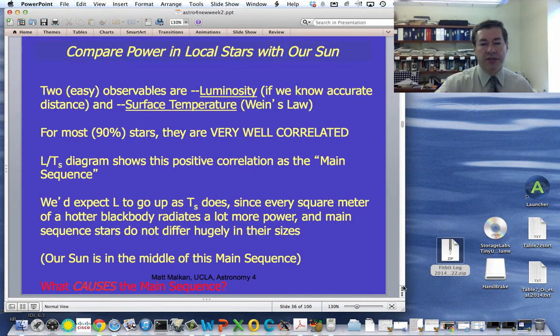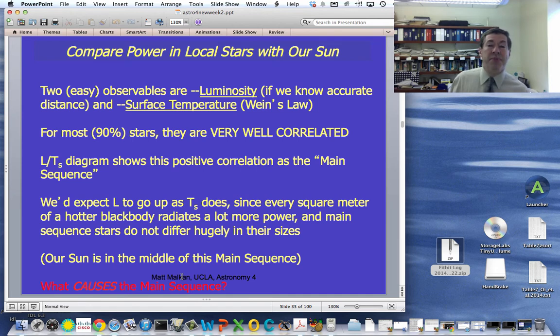So my previous slide says, what is the cause of the main sequence? Well, my simple answer is, I guess the cause of the main sequence mainly is that most of those stars are roughly about the same size. Actually, the stars that are hotter than the sun are even more luminous, more powerful than T to the fourth by a little bit.